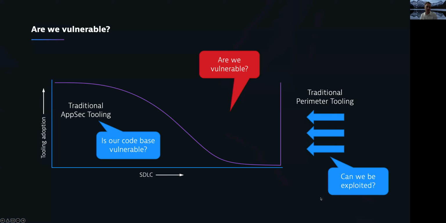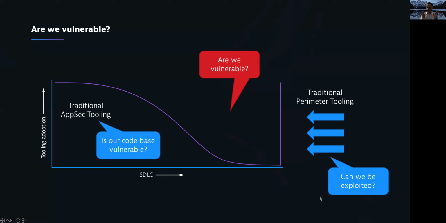So first one, are we vulnerable? Essentially the traditional application security tooling that is out there is further on the left of your software development lifecycle or at the perimeter, right? That is where most of the application security tooling, if not all, is located. And the question actually answered by those tools is, is our code base vulnerable?